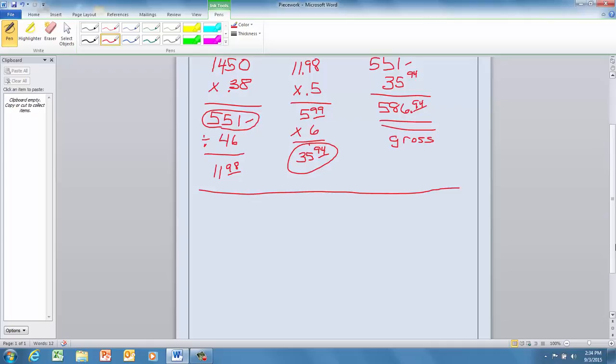Okay, and so in this case, this is number 19, we found that 1,120 pieces were made during the 40 hours, and 330 pieces were made during the overtime hours.